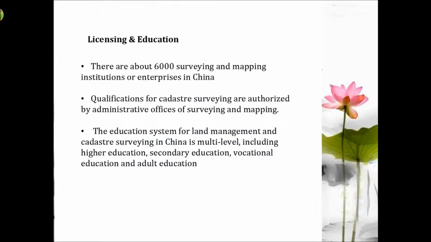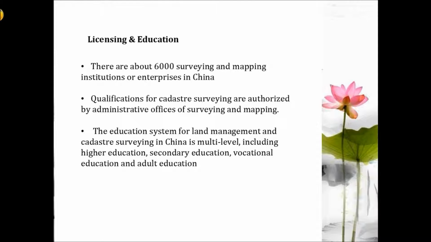In China, qualifications for conducting surveying are authorized by the Administrative Office of Surveying and Mapping. The education system for land management and cadastral surveying in China is multi-level, including higher education, secondary education, and adult education, including mapping and land surveying courses for training techniques for cadastral.